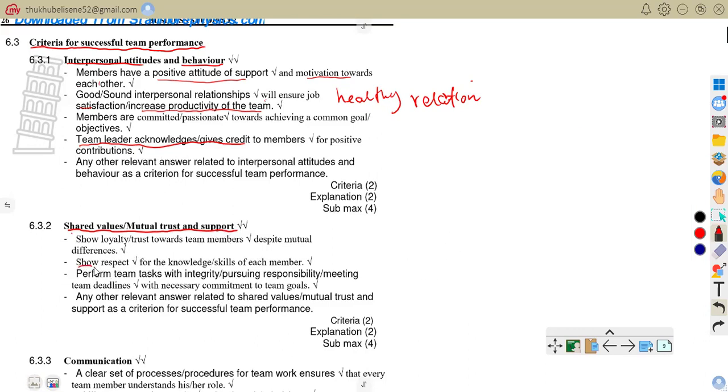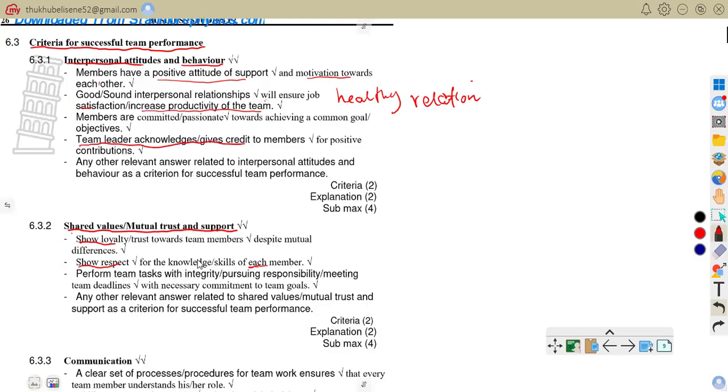Also show respect for the knowledge or skills of each member. For those who are more knowledgeable, show respect to them so that they can share with you, so that they can help the organization to grow.